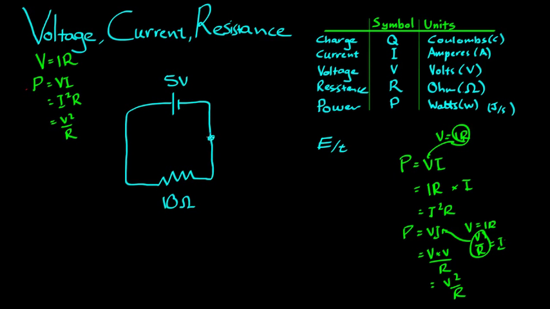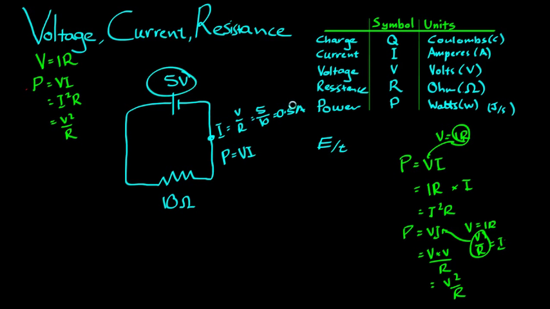The current flowing through this circuit I is equal to, well, we rearrange to get I by itself, that's V on R, which is equal to 5 on the resistance total of the circuit is 10, or 0.5 amps. Let's figure out how much power is being dissipated here. So we can use one of 3 formulas here. P is equal to VI.